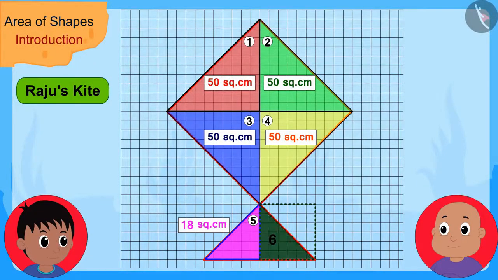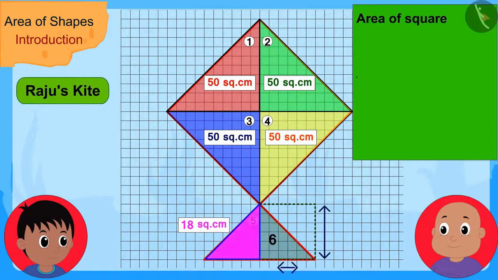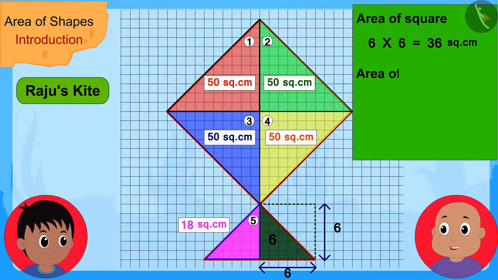Now, this second small triangle, just like the first small triangle, is half of this 36 square centimeter. This means that the area of this second small triangle is also 18 square centimeters.